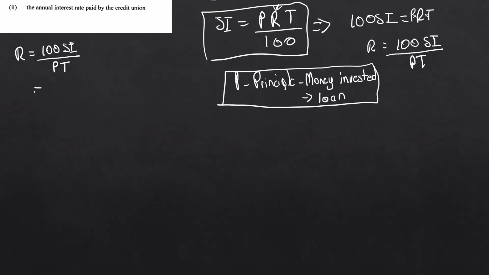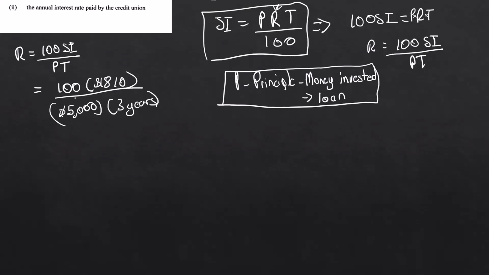So the rate would be equal to 100 multiplied by the simple interest, which we know is $810, divided by the principal, which we said before is the amount of money he invested, which is 5,000, and the time would be 3 years. Identify that. So dollars will go to dollars. Punch all this in your calculator.